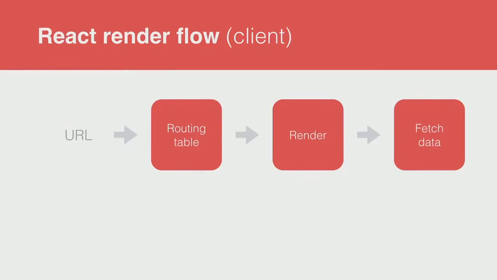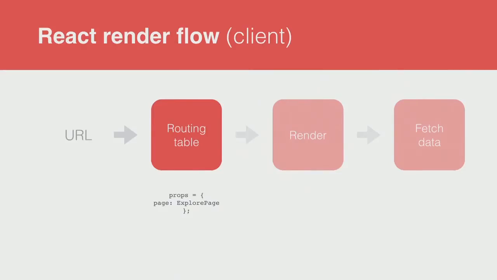So, isomorphic render flow. Before I go into an isomorphic React render flow and show you how we do that, I wanted to quickly go through a client-side React render flow so we're all on the same page. Roughly, what steps do you go through when you render React on the client? So you start with a URL. You have some kind of router.